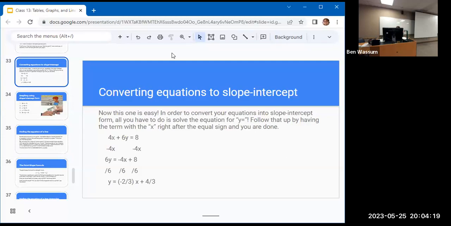So you end up with negative 4/6 x, that reduces to negative 2/3 x, and then 8/6 on the end reduces to 4/3. That one would be rough to graph because it has fractions in it, but it is still doable. It's awkward, but it's doable. That's generally how you work with those.